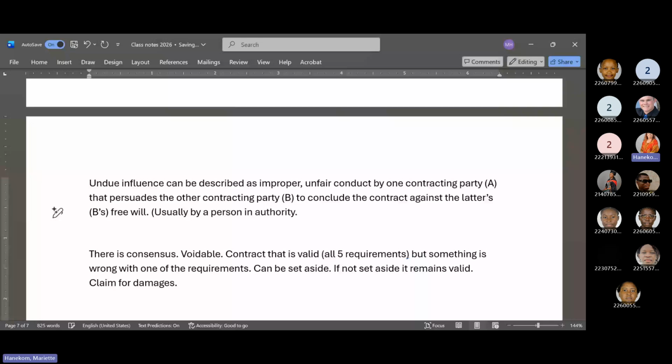So undue influence would be me going to Ruan and telling him, Mr. Lisser, buy my car for $500,000 or I will make sure that you never pass law. He agrees to buy my car. There is consensus. But because it was obtained due to my undue influence, it is voidable.